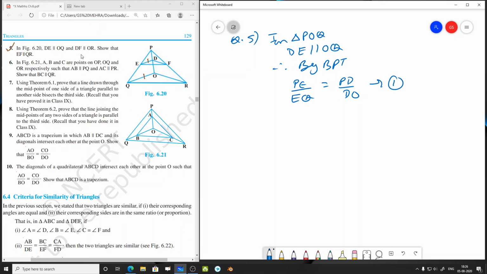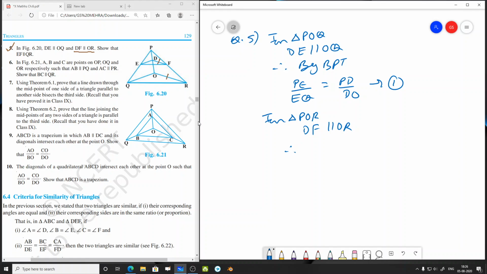Now the other parallel lines given to us is DF parallel to OR. So this is our DF and OR. This time the triangle we are taking is POR. So in triangle POR, DF is parallel to OR.